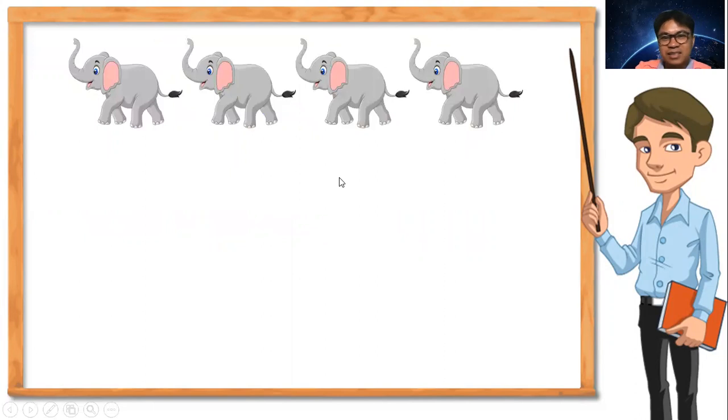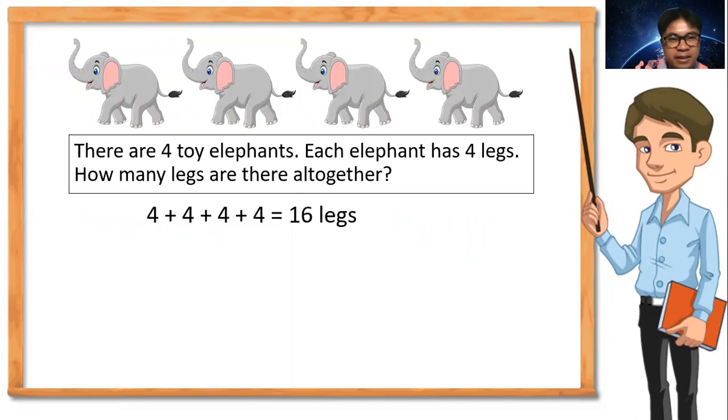Okay, so look at this example here. There are 4 toy elephants. Each elephant has 4 legs. Question: how many legs are there altogether?